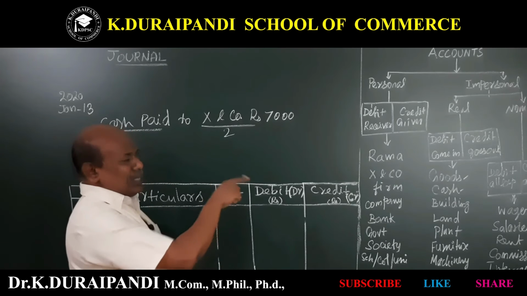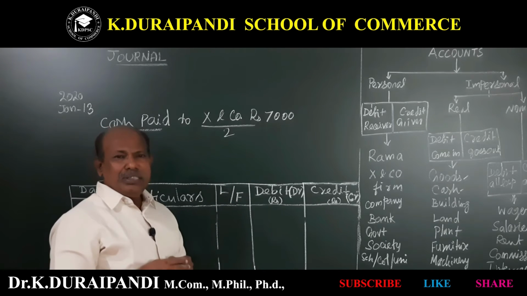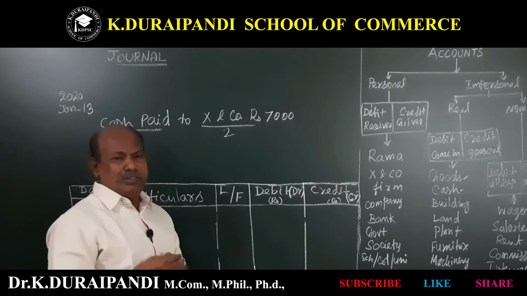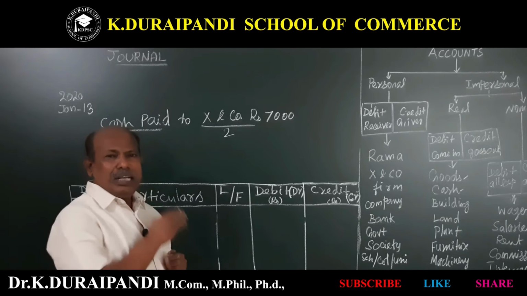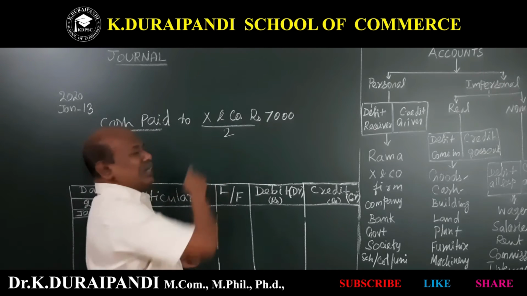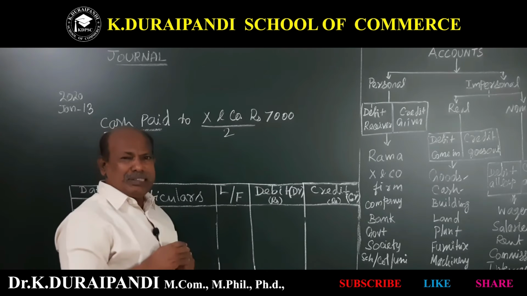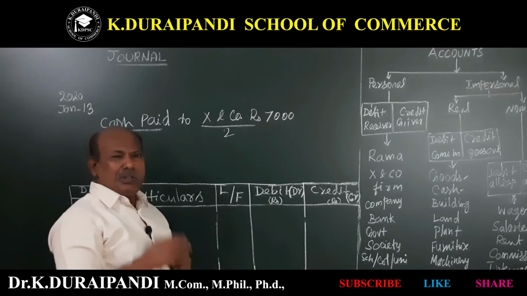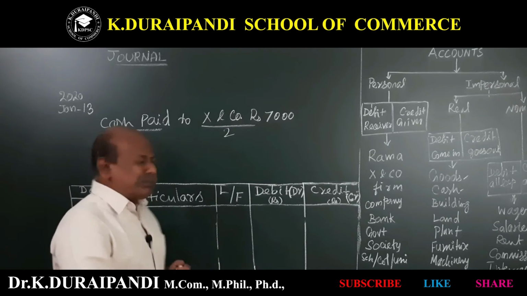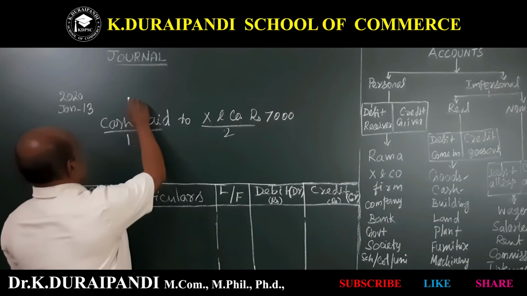So as per the real account rule, debit what comes in, credit what goes out. Here cash goes out of our business. So credit what goes out.